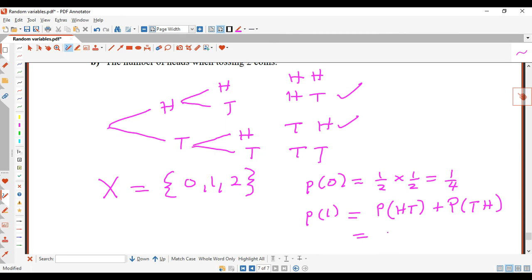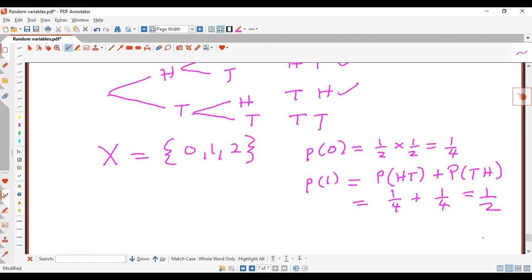Heads, tails is a half times a half, which is a quarter, and tails, heads is also a quarter, and that will equal a half. Last of all, the probability that I get 2 heads, so little p of 2, is a half times a half, which is a quarter.